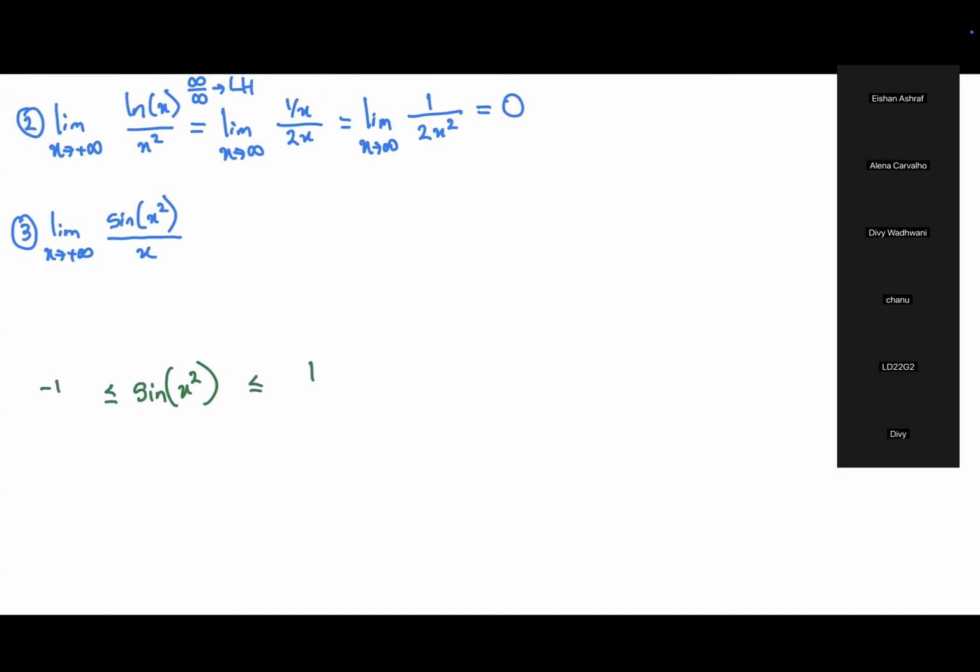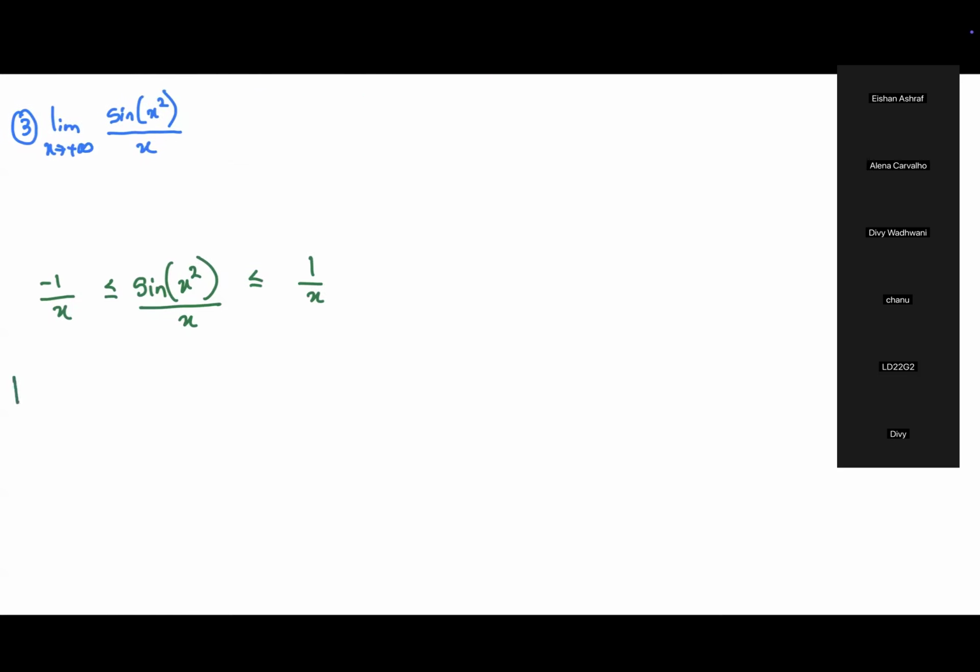And because we know x is some large positive value, if we were to divide by x, these inequalities would not change. Okay. Now, applying the limit as x approaches positive infinity on every individual term, we'll be able to get a value for this limit itself.